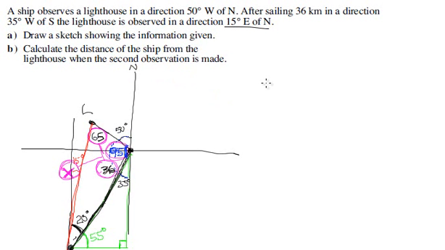It's going to look like, let's see here, X over sine 95 equals 36 over sine 65. So X, you cross multiply, you do 36 times sine 95 divided by sine 65. And when the dust settles, you find that X is 39.6 kilometers. Whew.